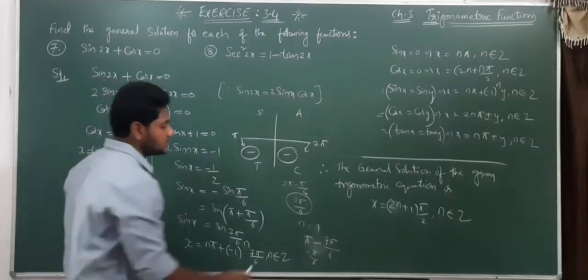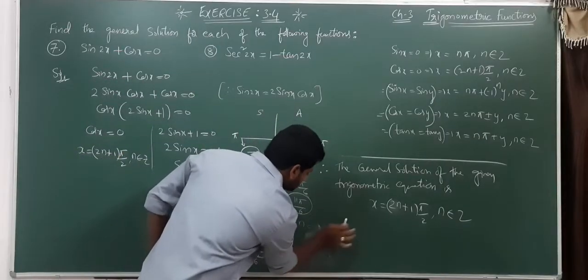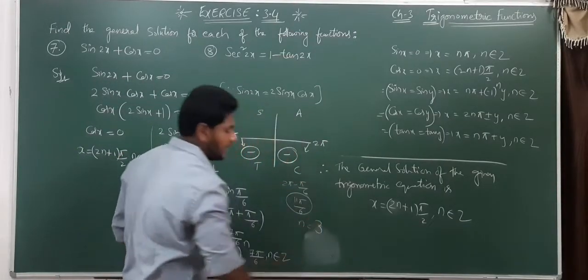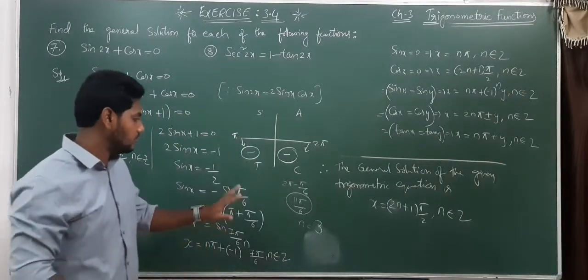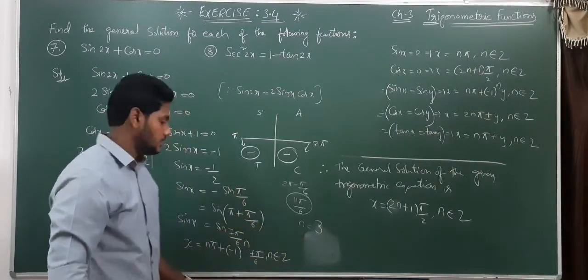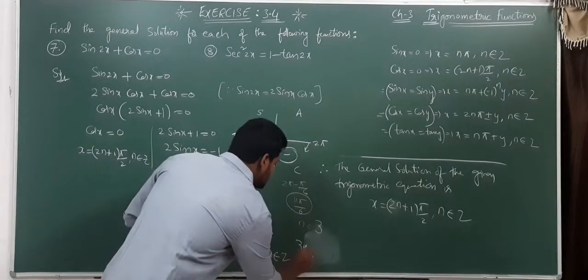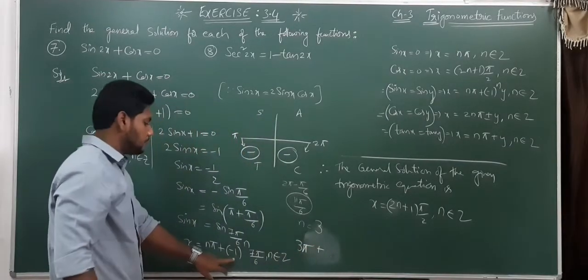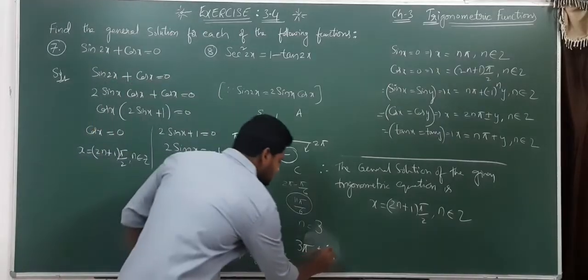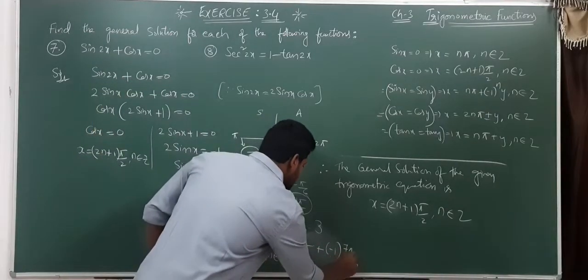Then what we need to take is, here n equal to 3 you take. See, I need to clarify your doubt, that's it. So n equal to 3 you take. If n equal to 3, what will it become? It will become 3 pi plus minus 1 to the power of 3 is minus 1 into 7 pi by 6.